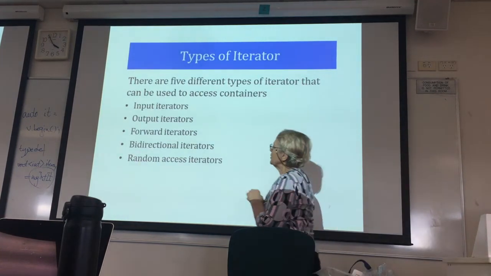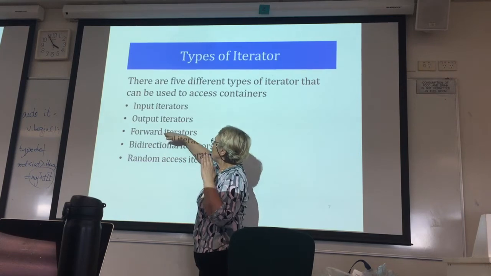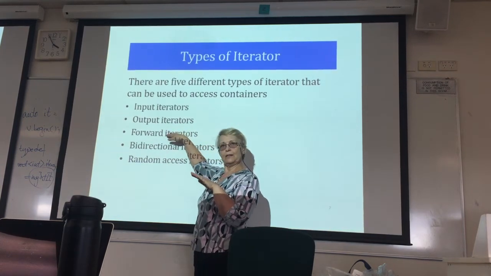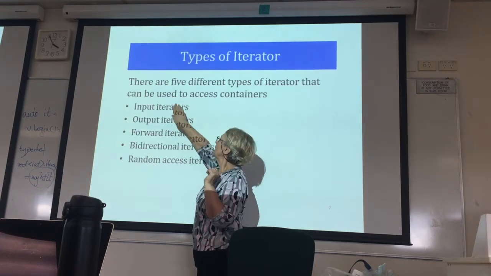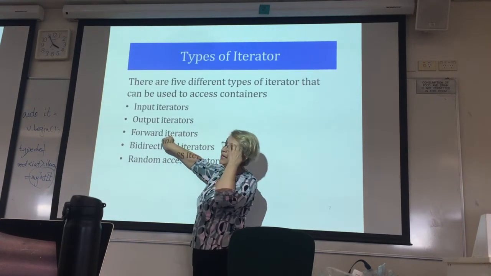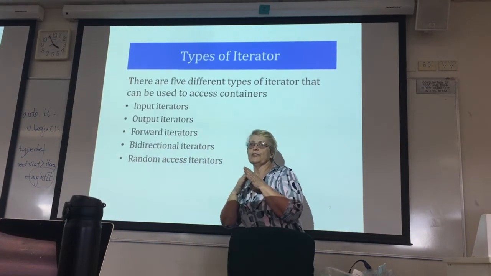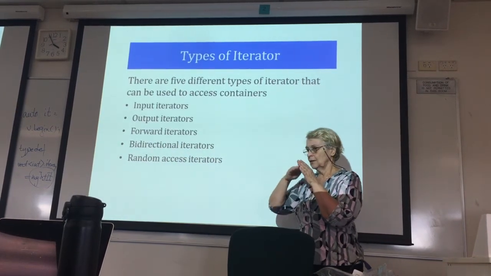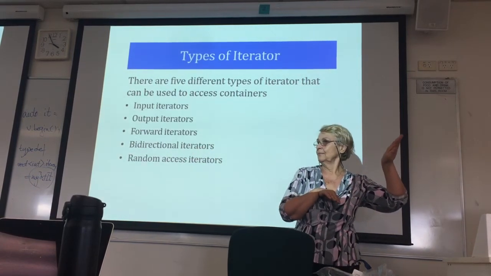Forward iterators provide reading and writing. This one does only writing. This one does reading and writing. Bidirectional iterators move up, next, and move behind.